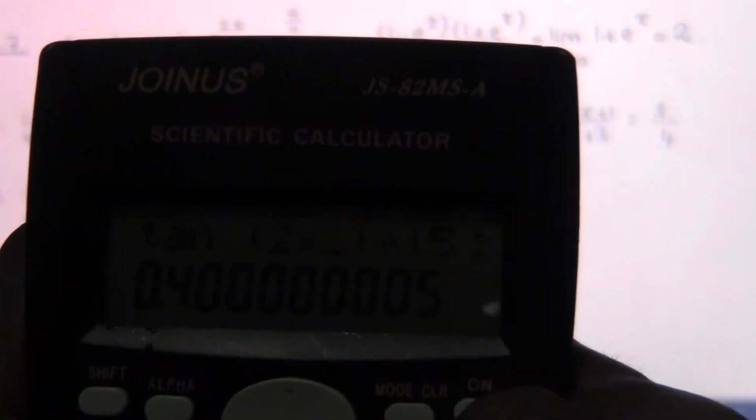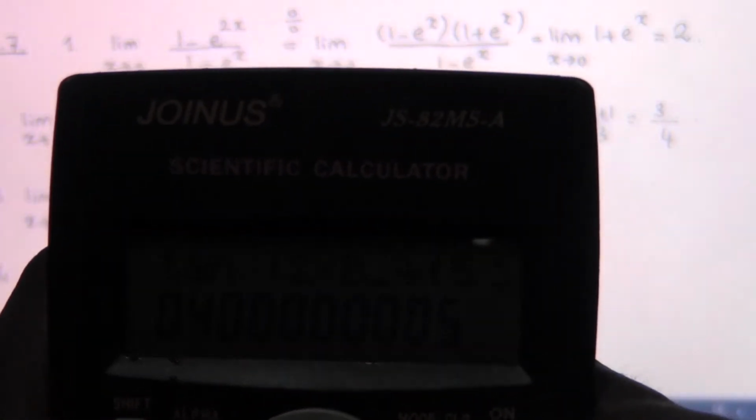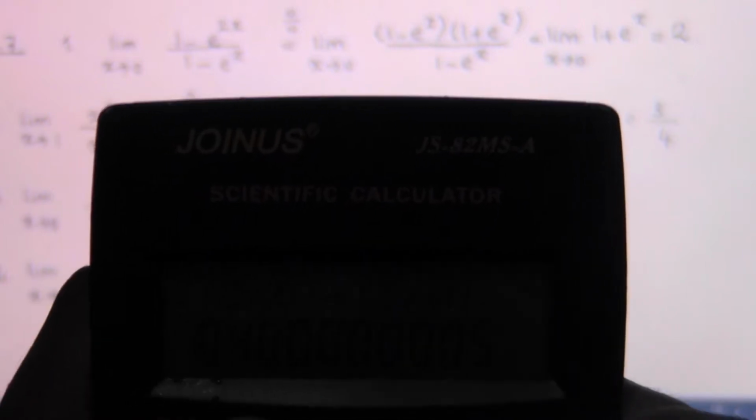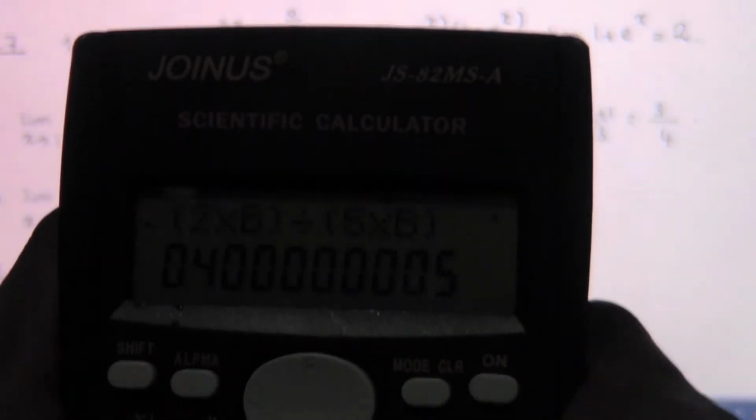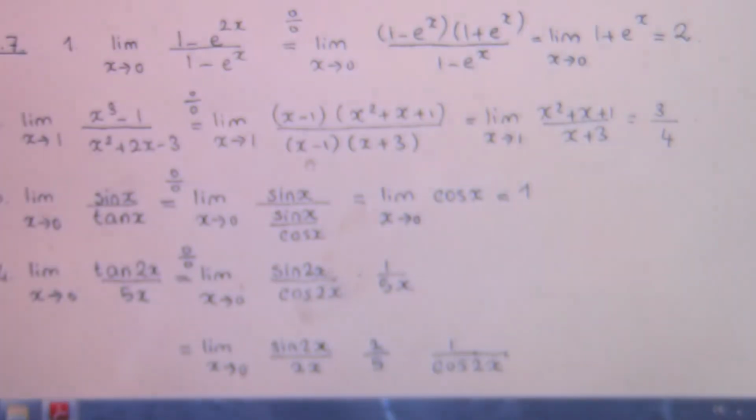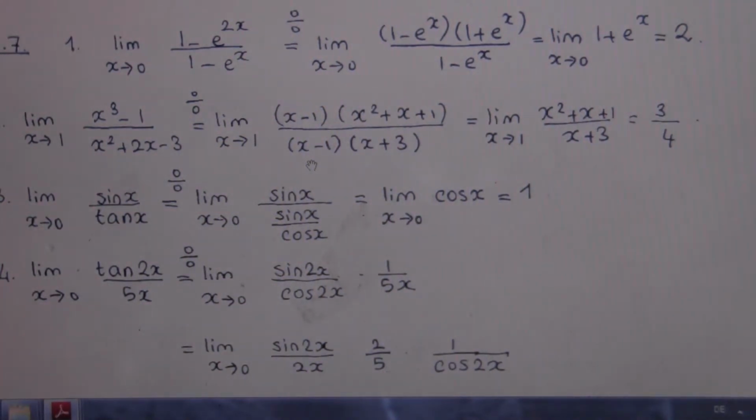Replace A with B, and we get the same 0.4. And as I said, you should re-express this as a fraction, so you can see a little better what you're going to be working towards. 0.4 as a fraction is 4 over 10, which is 2 over 5. So we know we're heading to 2 over 5.